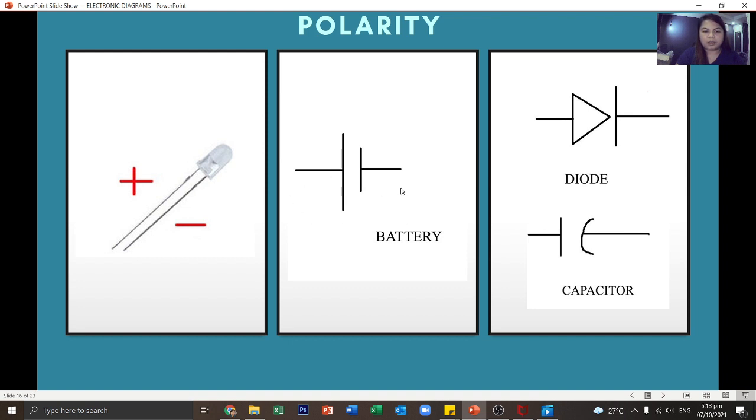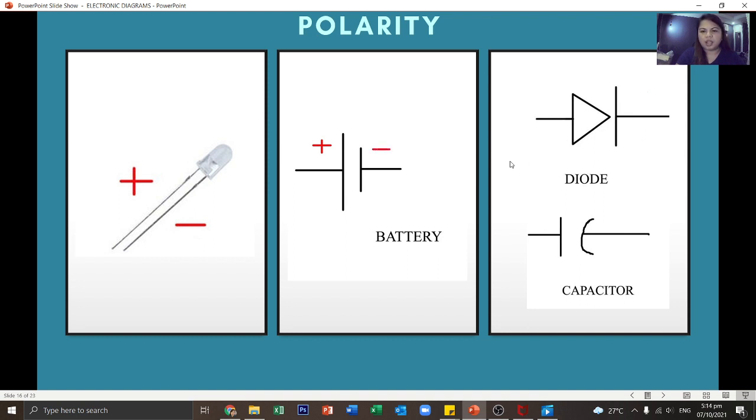Next, we have the battery, of course. We have a shorter line and a longer line to indicate the positive and negative. Which side is the positive? Correct, the longer side, and the shorter side is the negative one.